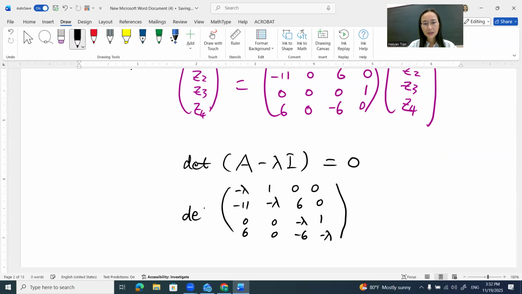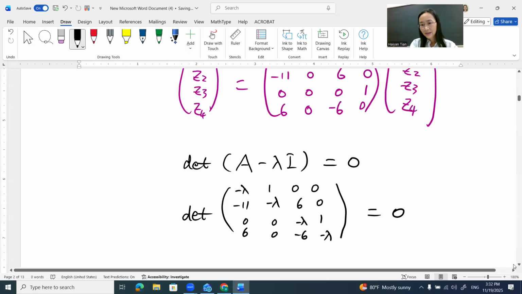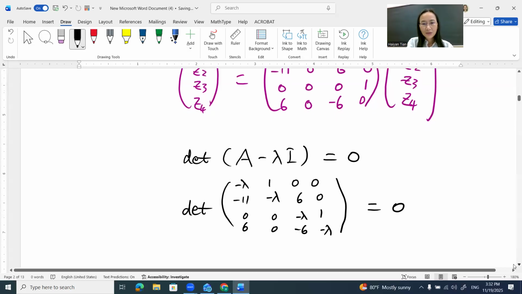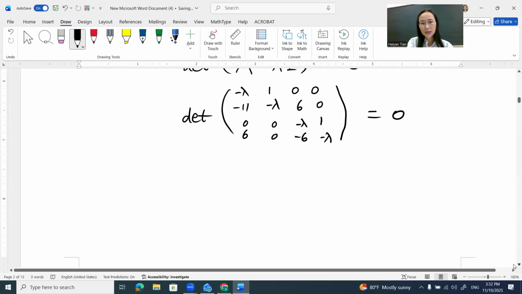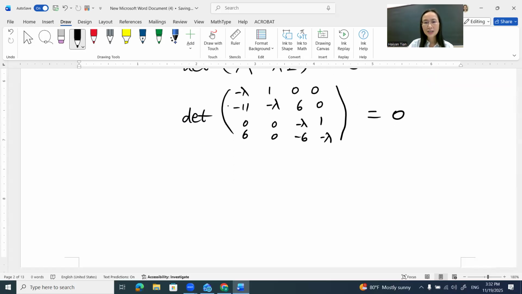To make the determinant 0, we can solve this equation for lambda. If you remember the linear algebra, you can do cofactor expansion. You can choose a row to do the cofactor expansion. For this problem, we will be able to continue until you find eigenvalues and eigenvectors.